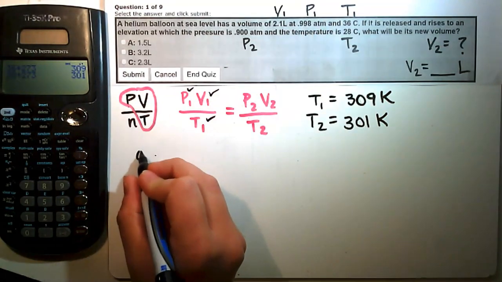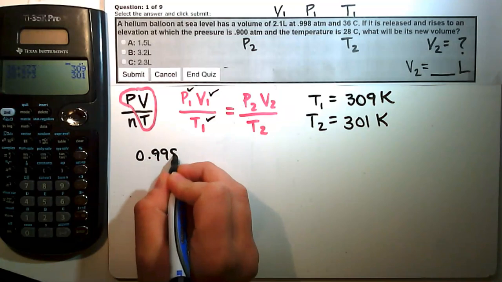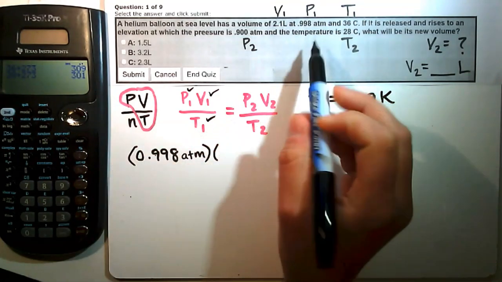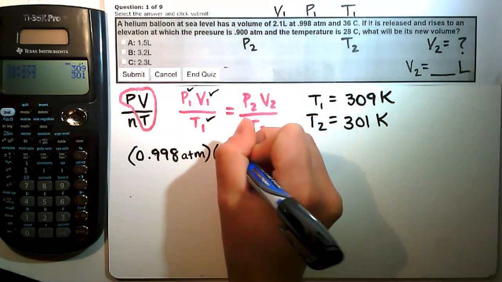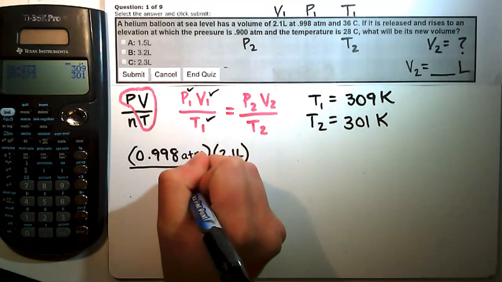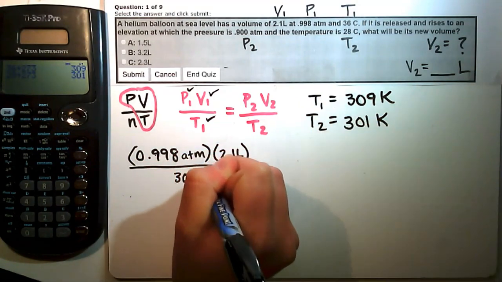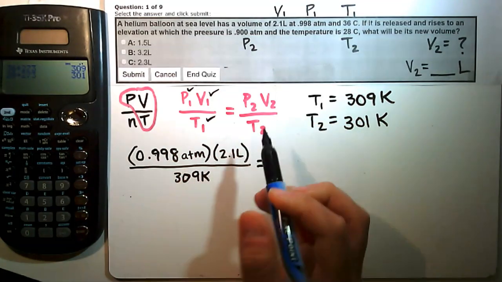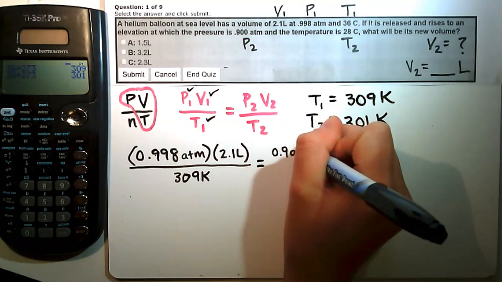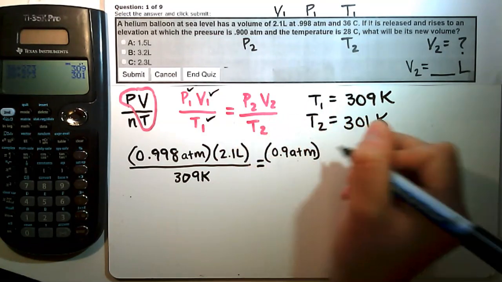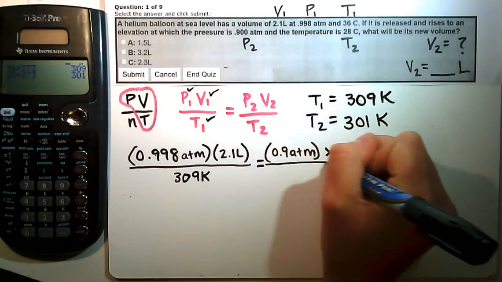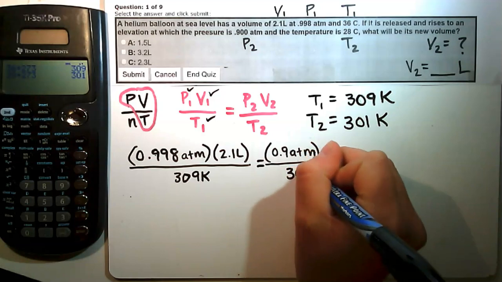So let's substitute in some numbers. P1 is 0.998 atm times V1, 2.1 liters, over T1, which is 309 Kelvin, equals P2, 0.9 atm, times V2, which we don't know, so we're going to put an X, over T2, which is 301 Kelvin.